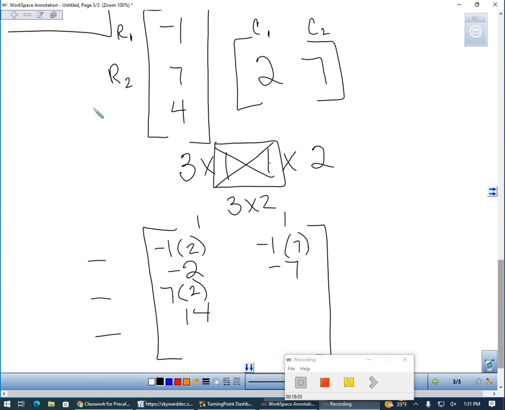Very good. Then we have row 2, column 2. That's 7 times 7, or 49. And the last one, we're going to take row 3. We're going to times it by column 1. So this is 4 times 2, or 8, and 4 times 7, which is 28.